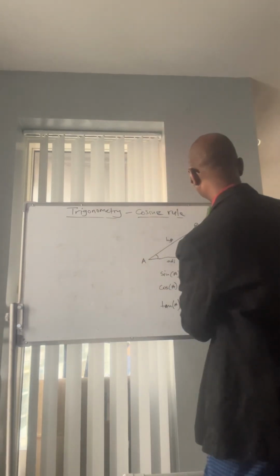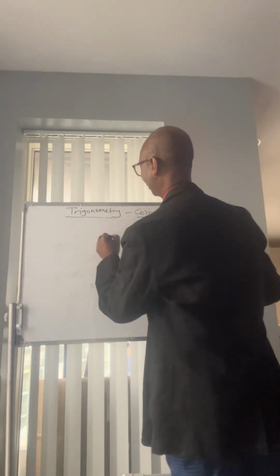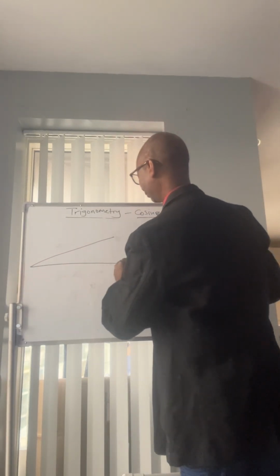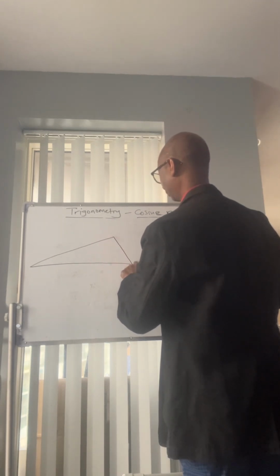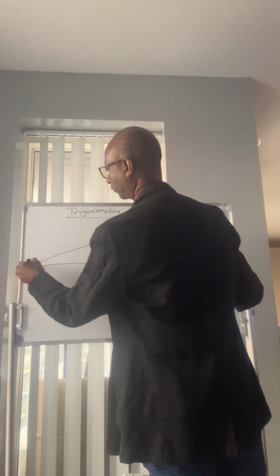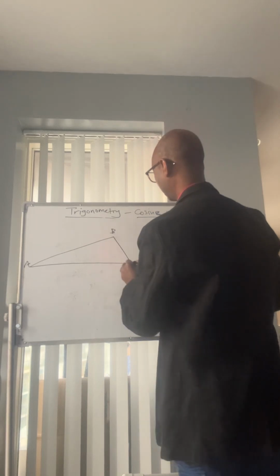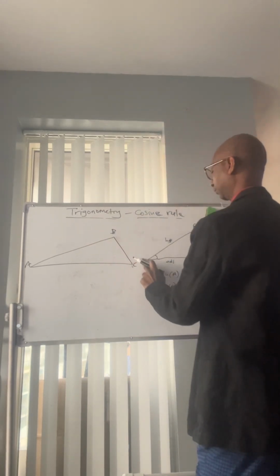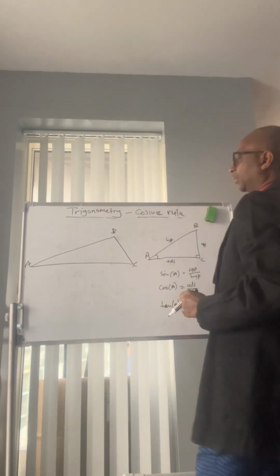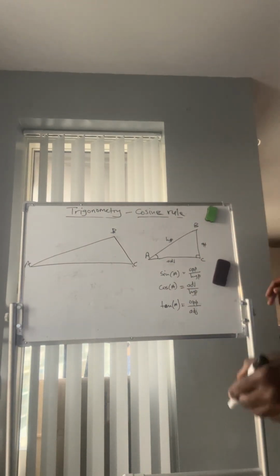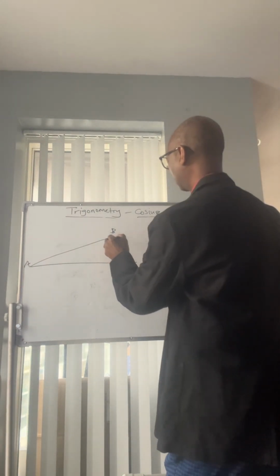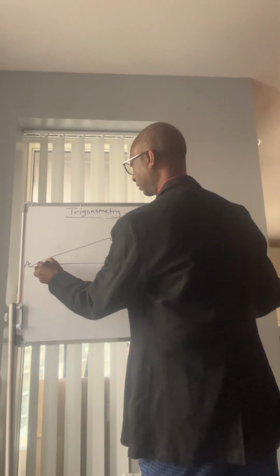Let me draw it, let me have a better diagram. And here you have A, B, C. Now, all these angles are each less than 90 degrees.